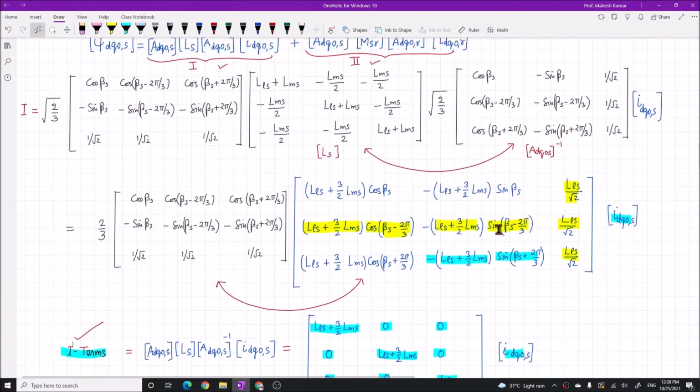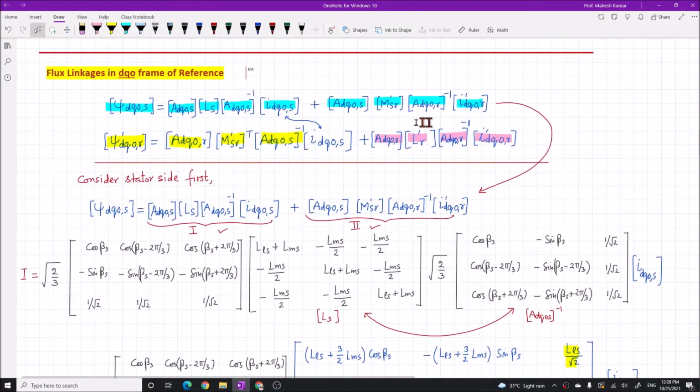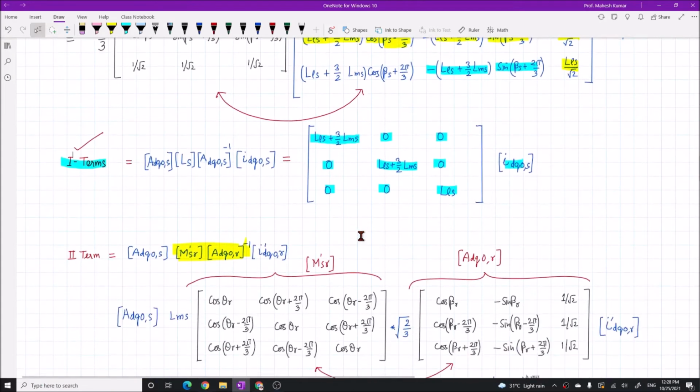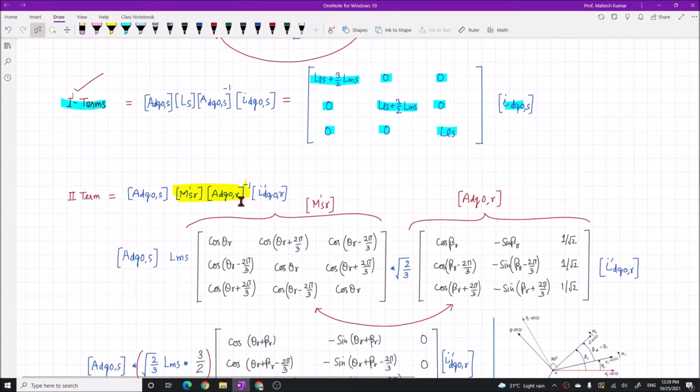The second term was this one, ADQ0S into MSR dash into ADQR inverse. This is R here, this is S here. So this is the second term, ADQ0S inverse, and this is ADQ0S. In between there is a MSR dash and IDQ0R dash.